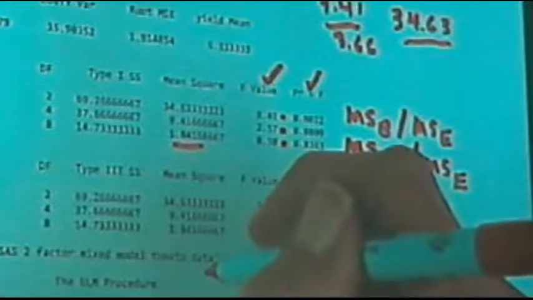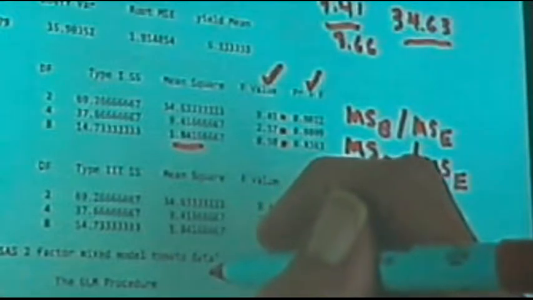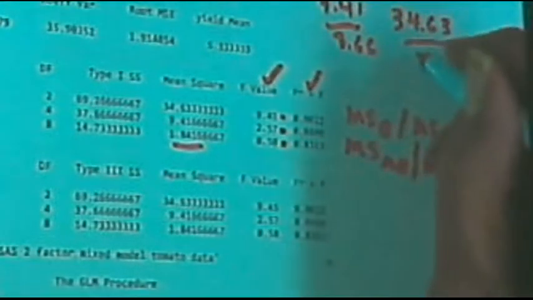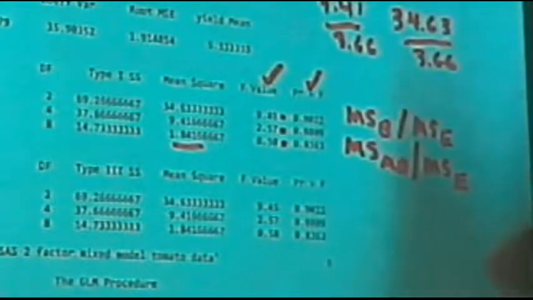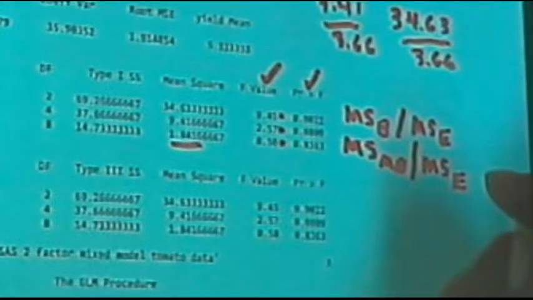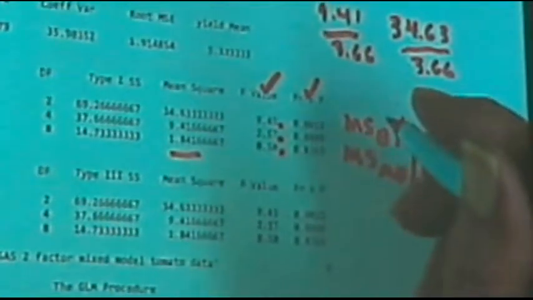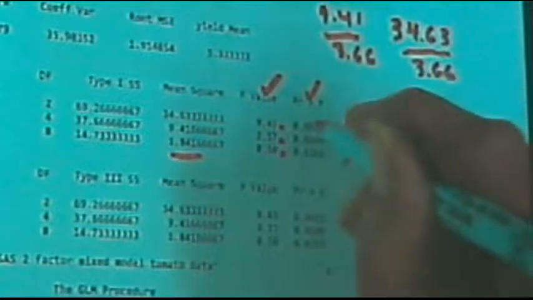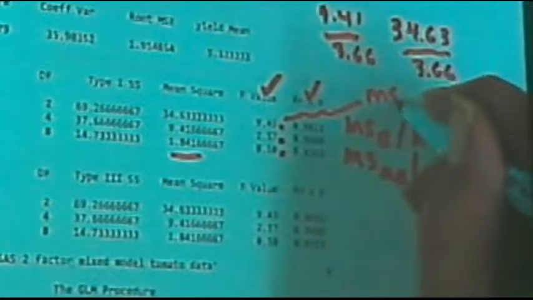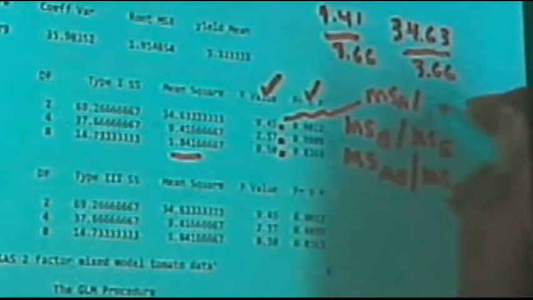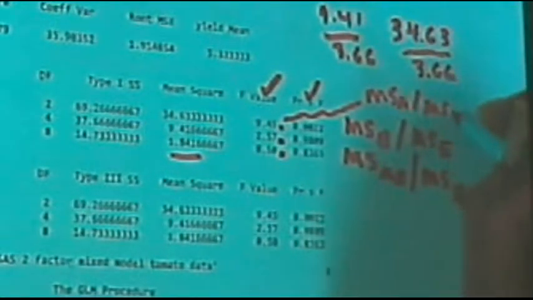The MSE again? Yes, it's the MSE again. It's got to be MSE again, because that's about right. So it looks like that F is mean square A divided by, again, mean square error.